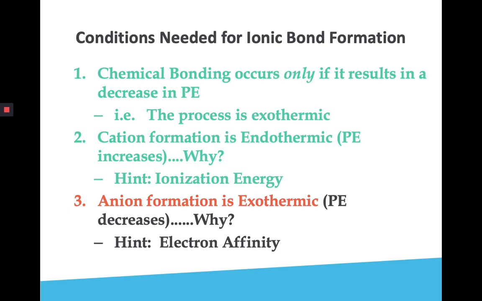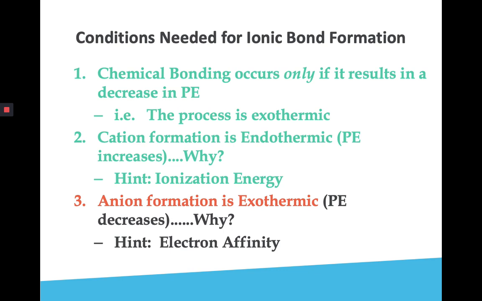But in terms of anion, okay, anion formation is exothermic, so it releases energy because as the electron is incorporated in the electron cloud, in order for it to become stable, the atom must lose some of that energy. Okay, and that energy that results from the addition of a new electron is what we call electron affinity. All right.